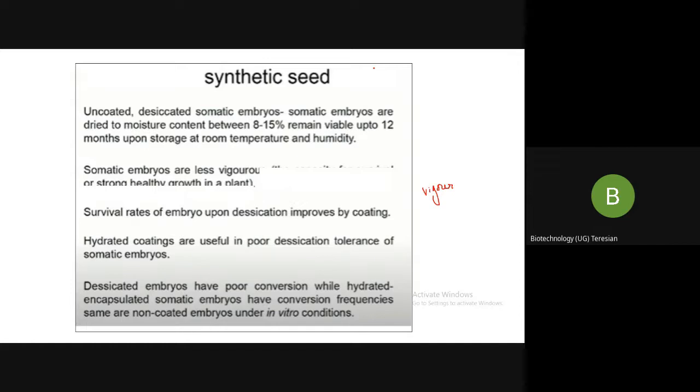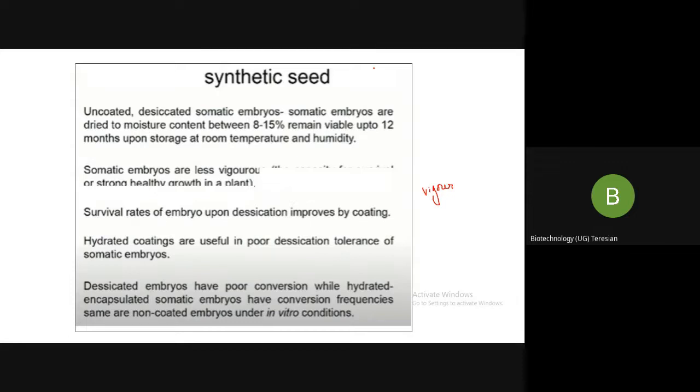So what did I tell about vigor? I told you it is the time it takes to regenerate into the plantlet, how well it gets protected from the environment, and that it should be viable. So these three important factors you should keep in mind when you're developing the synthetic seeds.